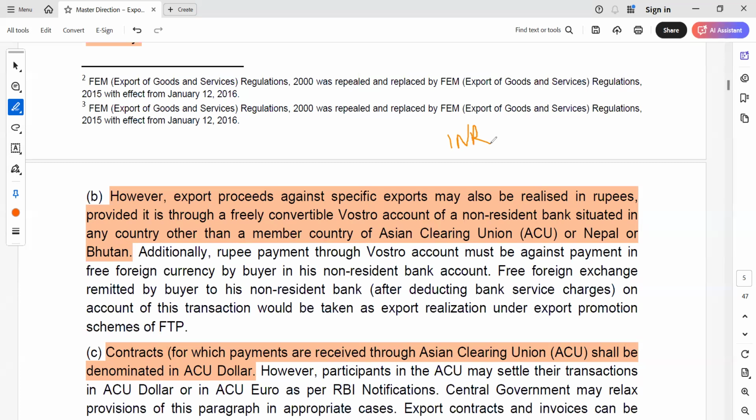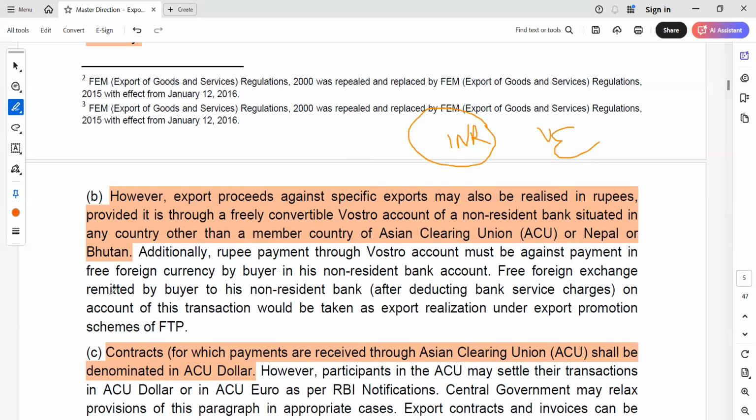They can get the payment in USD, euro, anywhere they can get payment. But for the specified countries, they can get payment in INR also.